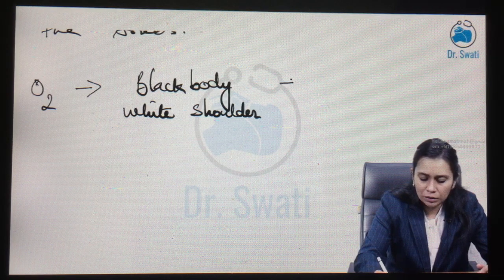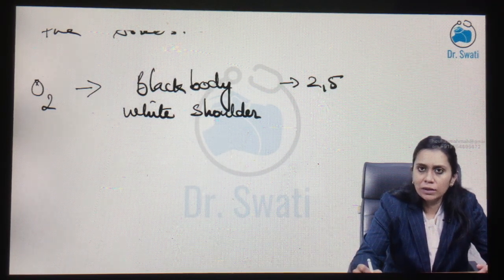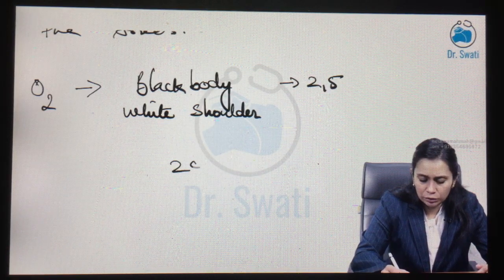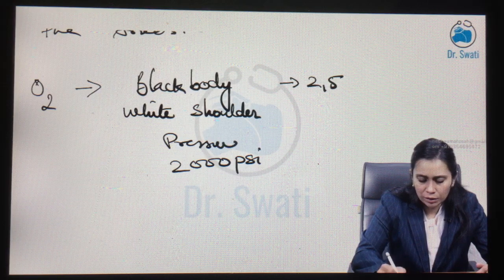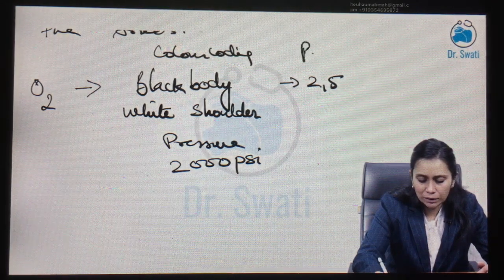And it has a pin index of 2 and 5, right? And the pressure of oxygen cylinder when it is fully filled is 2000 psi. This is the pressure, this is the color coding, and this is pin index.